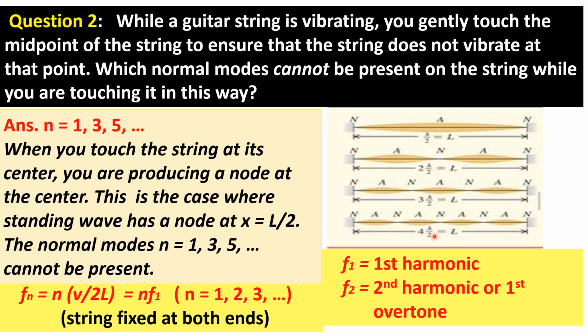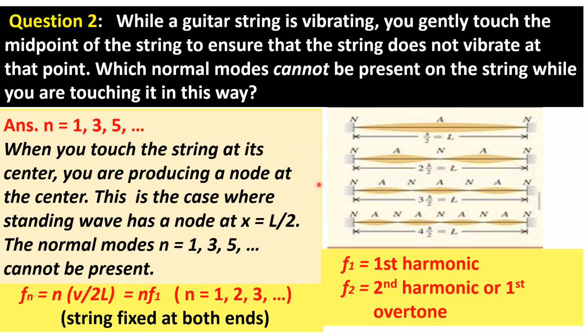So those are the cases that we want in this question, because we are looking for the normal modes that cannot be present, or that cannot happen, in the string when it is touched at its midpoint while it is vibrating.